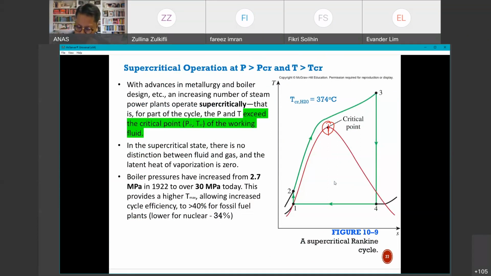Instead of going through this point, it goes straight past the point, straight into the superheated region. They call it the supercritical Rankine cycle, and it's being used by most of the industries.